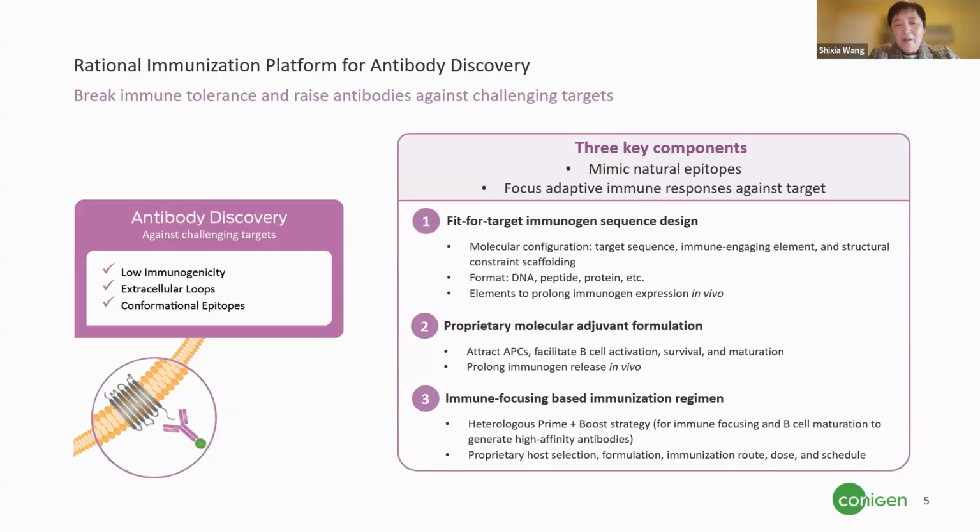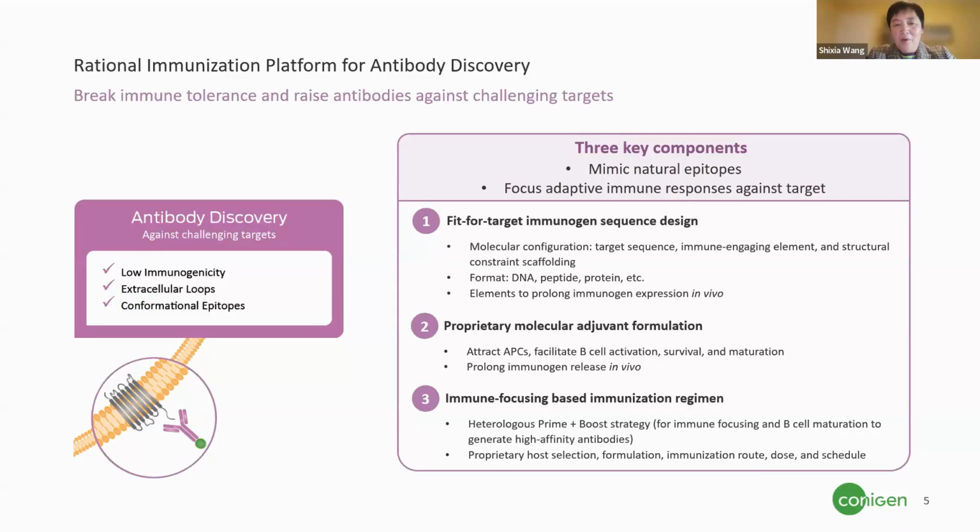The second element is the proprietary molecular adjuvant formulation. This formulation can attract monocytes and antigen presenting cells to engage the innate immune response, and also promote the B cell responses, including B cell activation, B cell survival time, and maturation to generate high quality antibody responses.